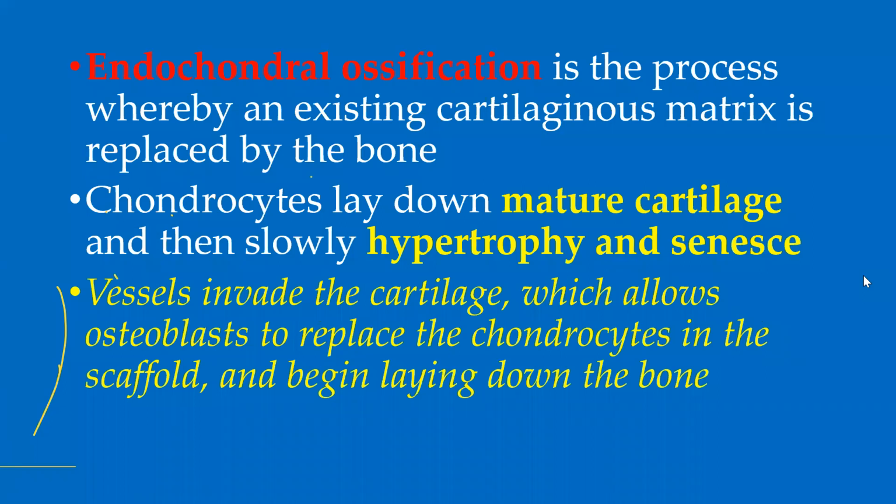Vessels invade the cartilage, which allows osteoblasts to come in and replace the chondrocytes in the scaffold, like a bridge. The bridge is the cartilage which is undergoing hypertrophy, aging and being destroyed. The vessels come and destroy the cartilage, deposit calcium, and begin to form osteoid bone, which is more stable than what it was.